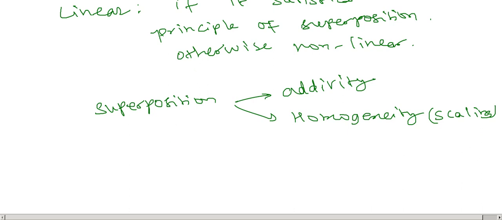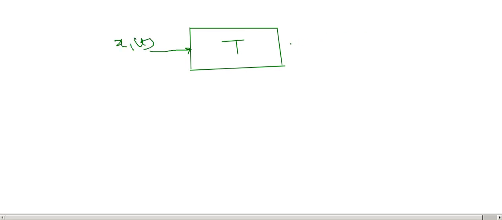Now, what does this mean? Suppose this is a system, any system T, and suppose we apply an input x1(t) and it produces output y1(t). And if we give input x2(t), then it produces an output y2(t).